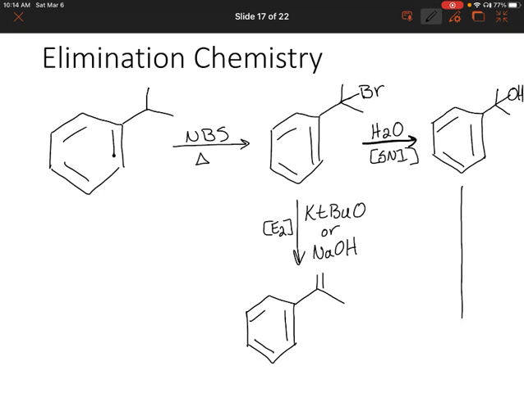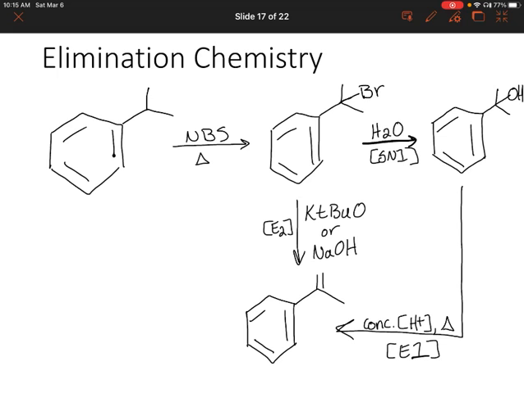And then we could go the E1 route and turn this into a double bond by using concentrated acid and heat. So that's another possibility. Again, reactions we've seen before, we're just applying it at the benzylic position.